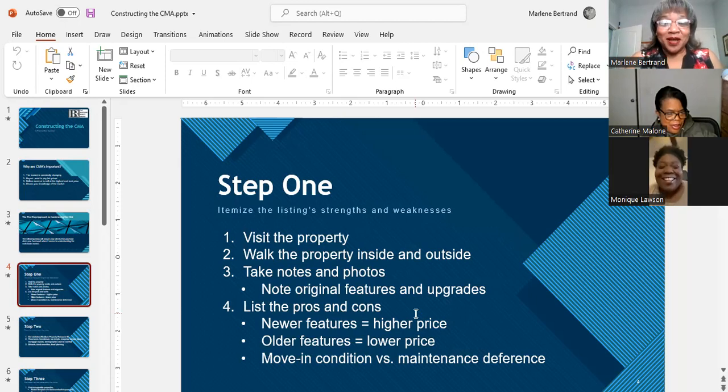Now, sometimes sellers will say, well, I put in this new carpet. Yeah, but it's orange carpet. Shag, orange shag, avocado green carpet. Even though it's new, it's not necessarily an upgrade.